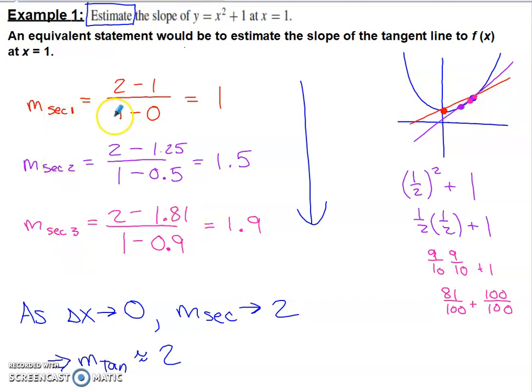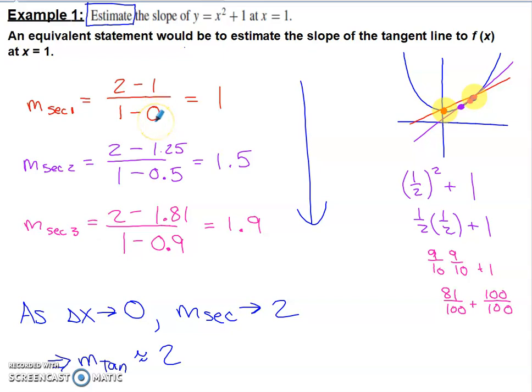So if you look at the red one, it has an ordered pair (1, 2) on it, and then the other ordered pair (0, 1). So what I did is I did a slope calculation that involved the x value that I wanted to establish my estimate at, and then I picked another x value that was 1 unit either to the left or to the right, doesn't matter which direction you go.